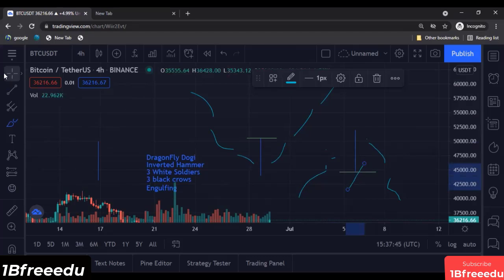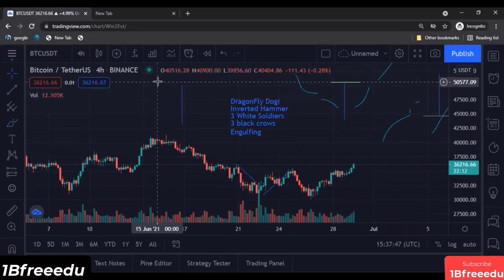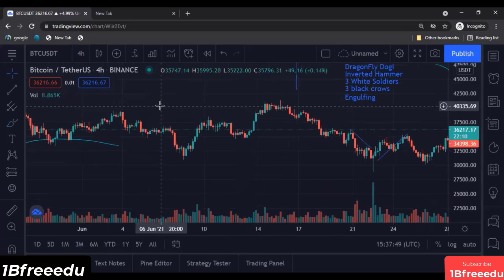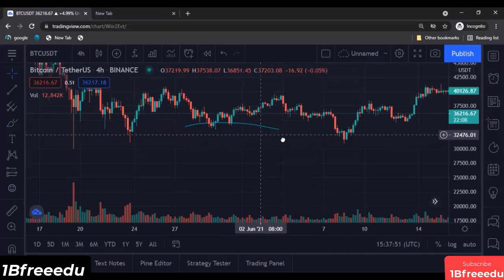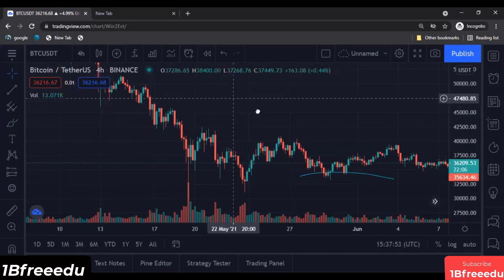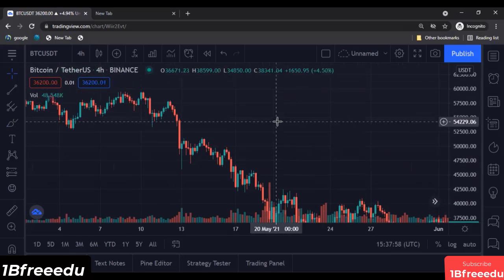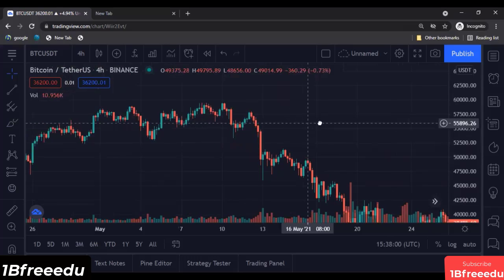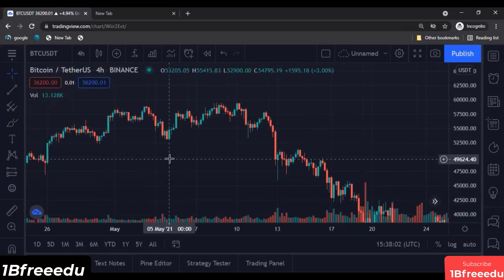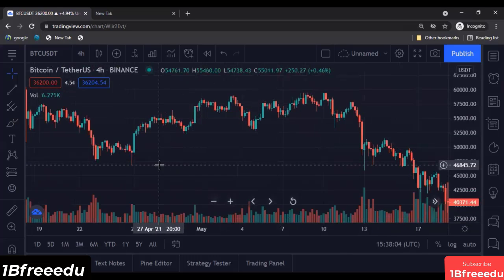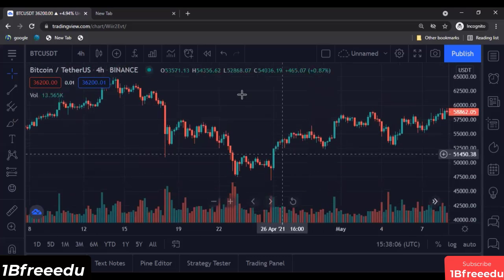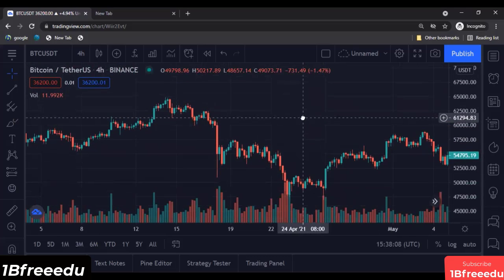So let's try this on a live chart and see how we can see that happening. We would need to search a little to see where that could be happening. Remember, a Dragonfly Doji is always where there's really little volume being traded.